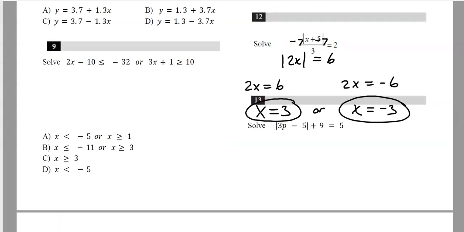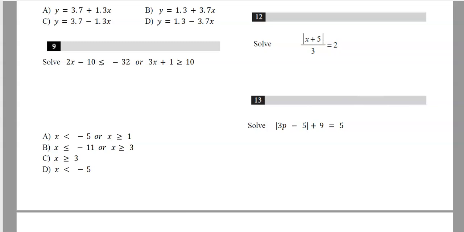Number 12, similar idea. This is an equal to, so same setup. I got to get the absolute value by itself. So I need to get rid of the divide by 3. So if I times by 3, bam, that immediately gets rid of that. But then I have to times the other, whoop, started doing the math in my head too quick. I got to times the other side by 3.